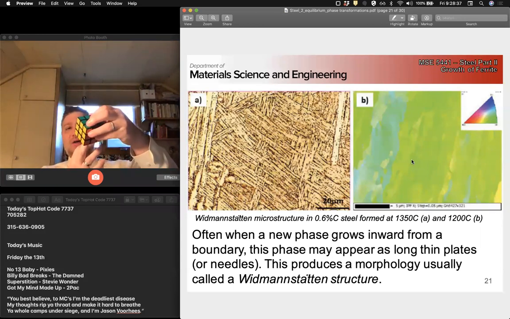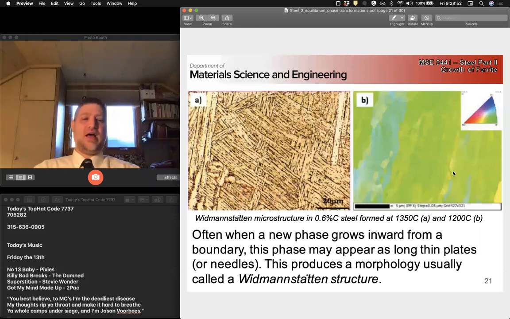Really what we have is, if the green face here is the growth direction, we've got a bunch of plates and they're all rotated about this growth direction like this, right? But they all have a very similar orientation with respect to the sample or the growth direction, right?